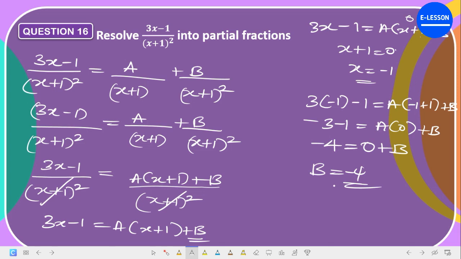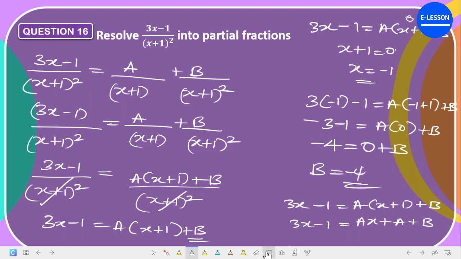Now, if your B is equal to minus 4, in order for us to get A, we can do something. First of all, let's take this one out. 3S minus 1 is equal to A bracket S plus 1 plus B. Now use this A to open the bracket. So this gives us 3S minus 1 is equal to AS plus A plus B. Now, if you compare both sides of the equation, what are you going to do? The one that has S, equate them. The one that doesn't have S, equate them.